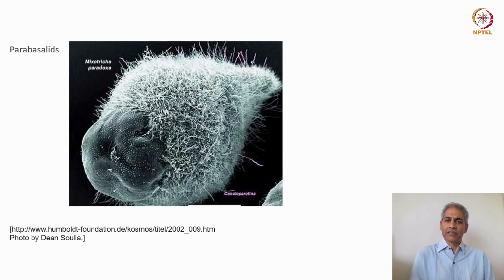That's the reason for the name of this genus, Mixotricha, which means the animal with mixed up hair. These spirochetes actually act like flagella for M. paradoxa, and somehow it is able to control them and move them in synchrony, allowing this animal to move.